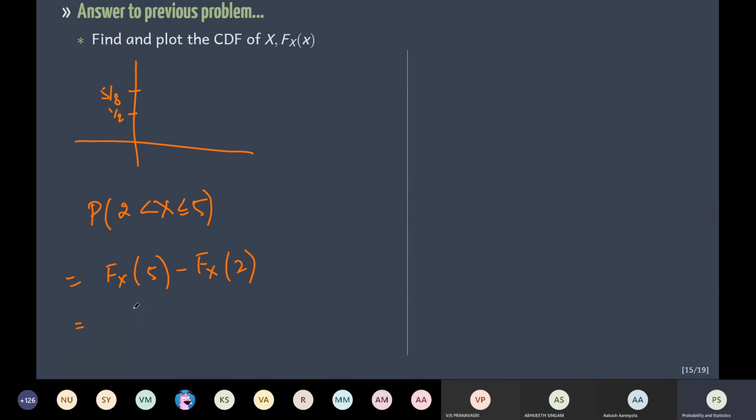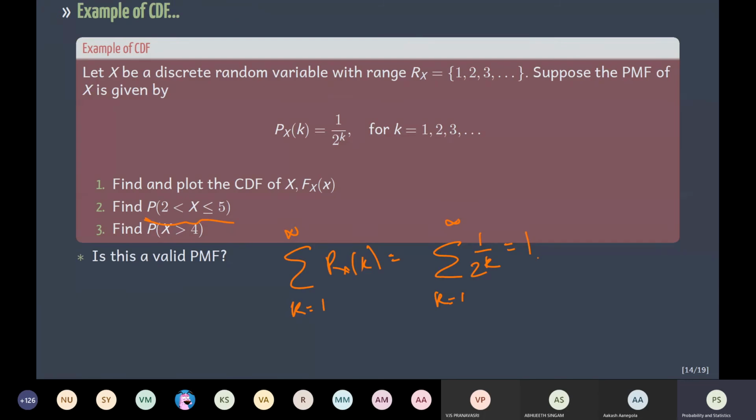F_X(5) will be the cumulative up to 5, the sum of the probabilities over k equals 1 to 5, because 5 is included.